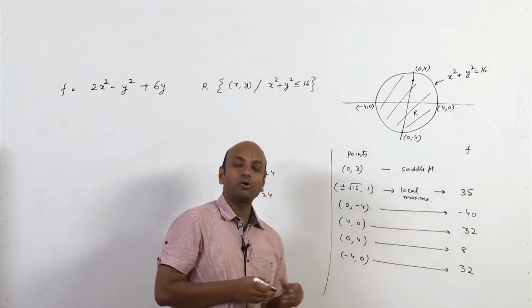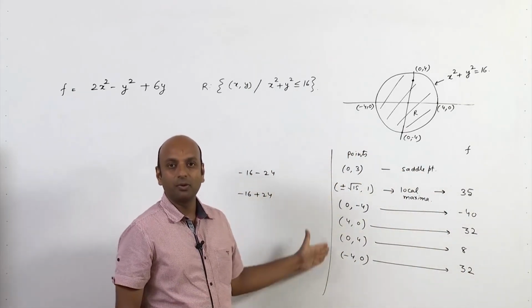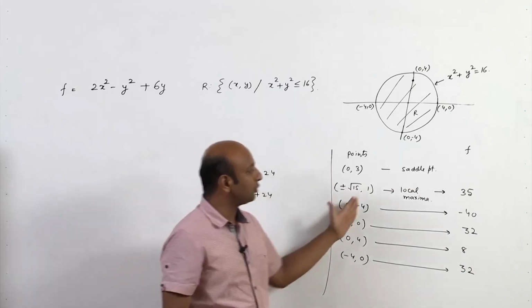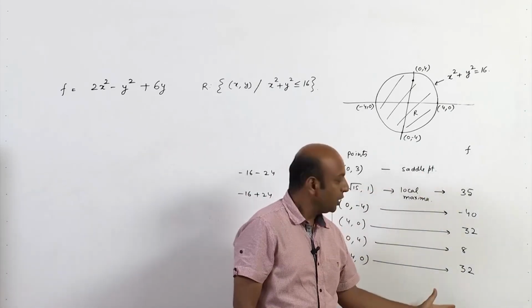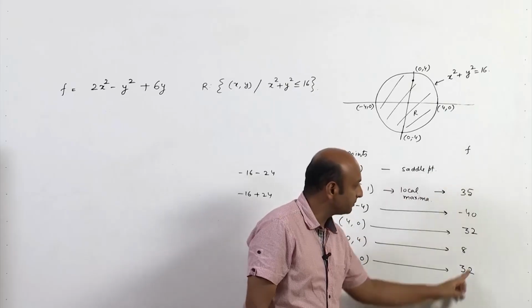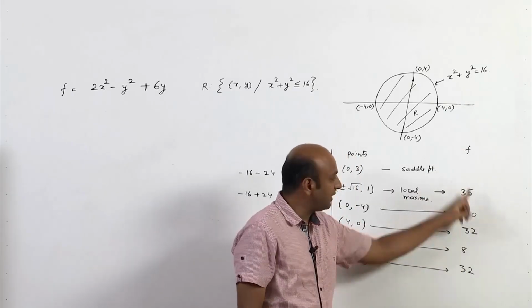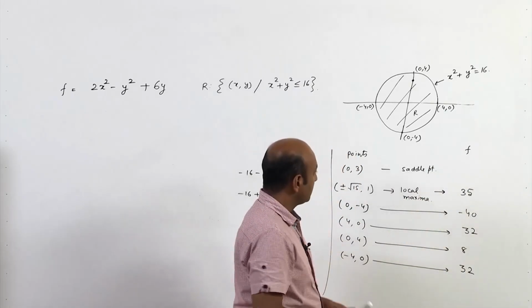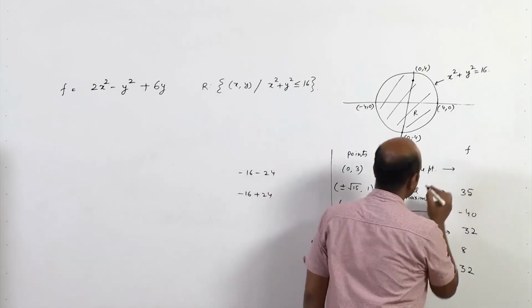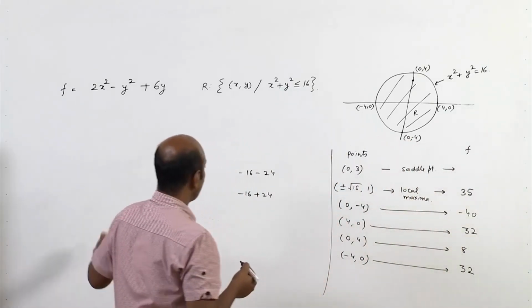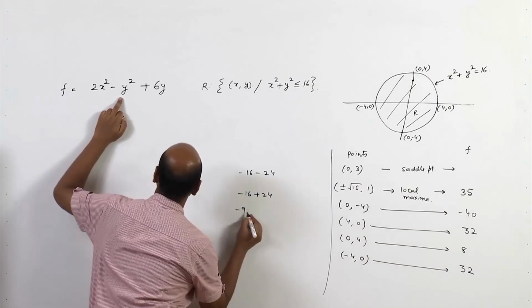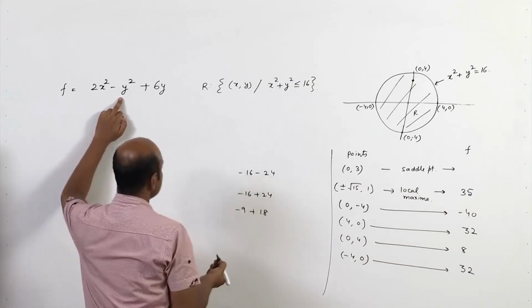So, you have listed all the points and found the corresponding values of f. Now, let us find the value of f at this point also, however it is a saddle point. So, it will be simply minus 9 plus 18, that is 9 only.